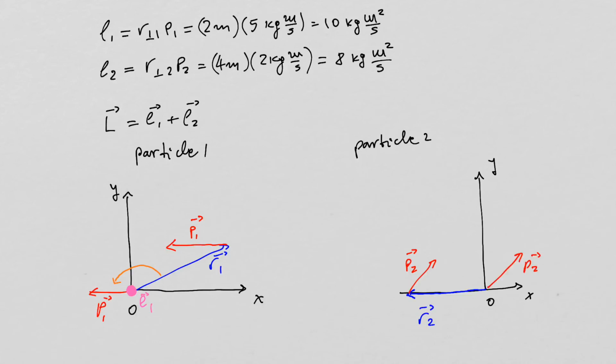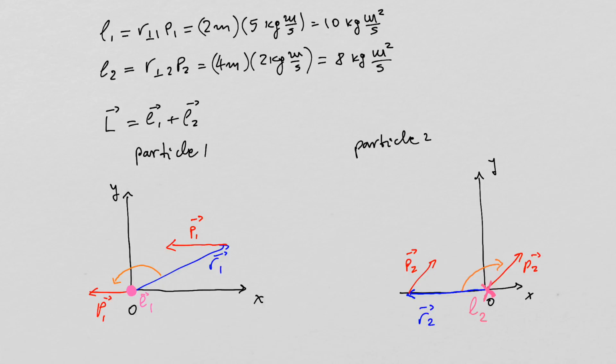According to the right-hand rule, if I place the fingers of my right hand in the direction of R2 and then rotate towards P2, the thumb of my right hand determines the direction of the angular momentum vector, and so in this case the angular momentum vector will be into the page. So into the page, away from us, that is L2.